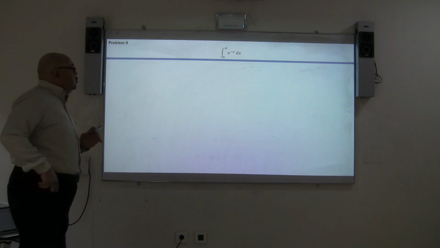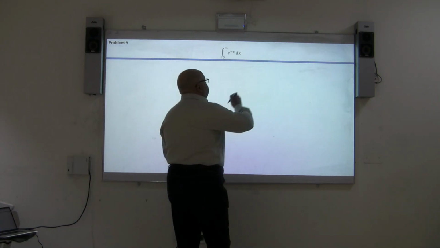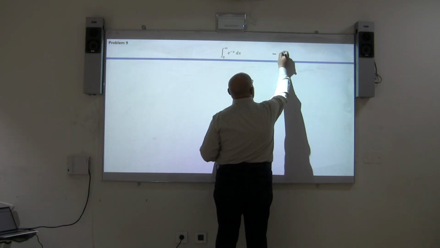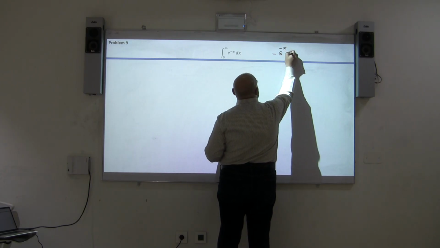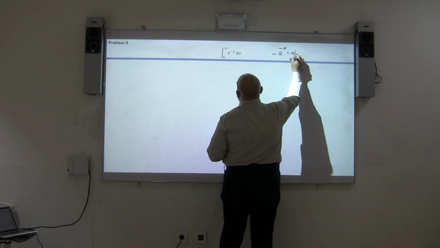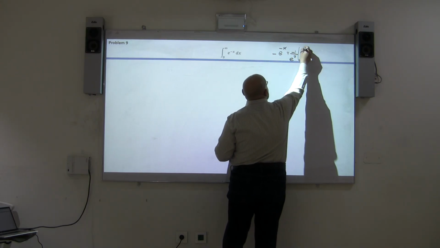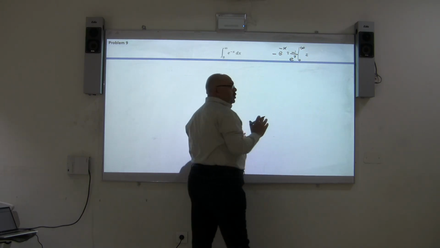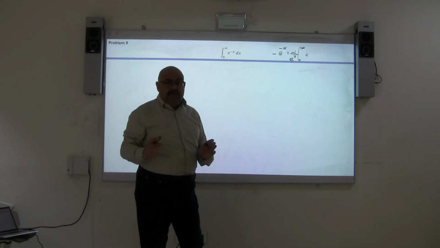Because you know, e to the power of -x, after integration, it's going to be a negative of an e to the power of -x, which is simply -1 over e to the power of x. So if you try to substitute from 0 to infinity, this is not going to be a problem, actually.